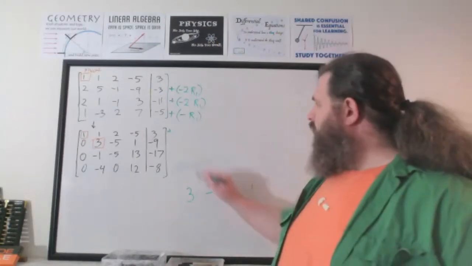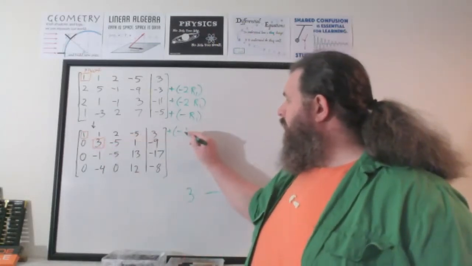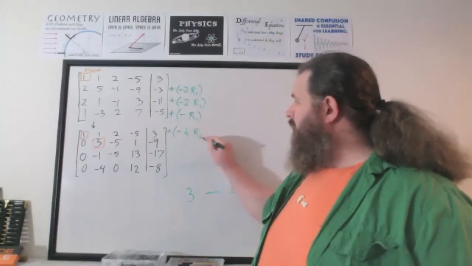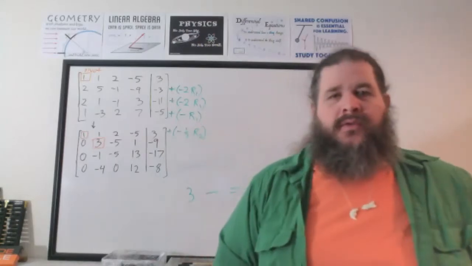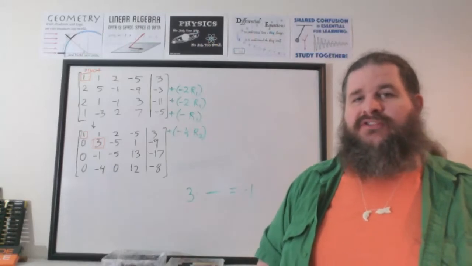Yeah. So we could add -1/3 times the second row to the first row. So that's what would be the next step based on a strict interpretation of this procedure.